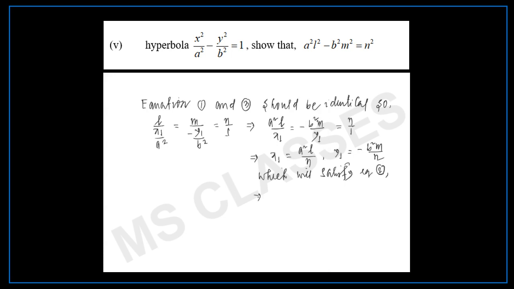And this gives us a square L square by n square minus b square m square by n square equal to 1. So a square L square minus b square m square equal to n square. Now this is the required condition which you need to find.